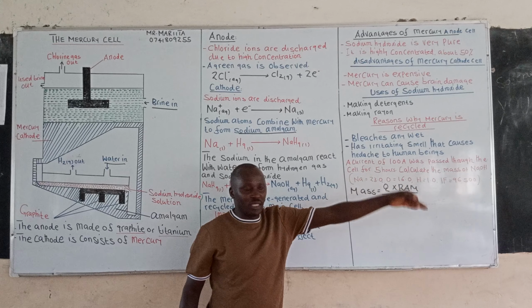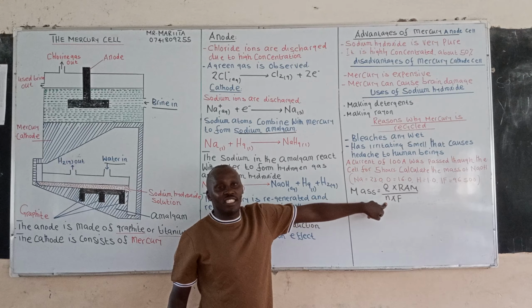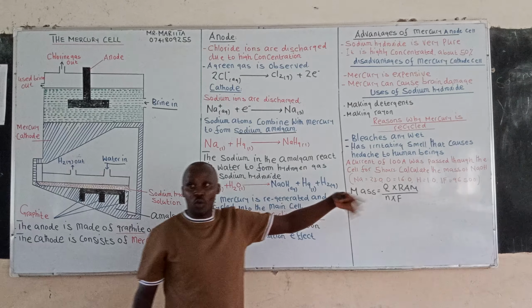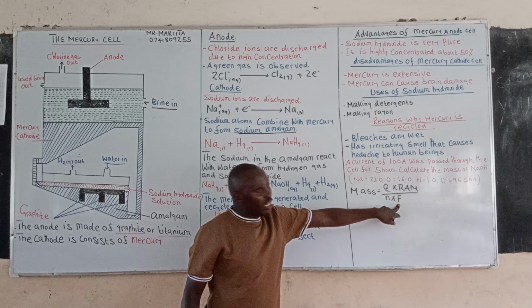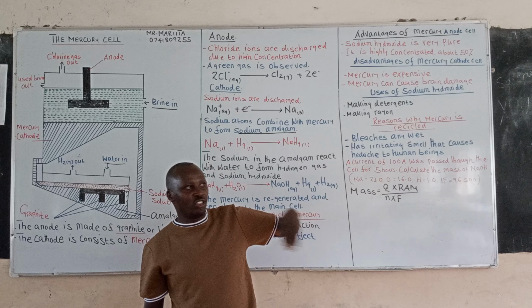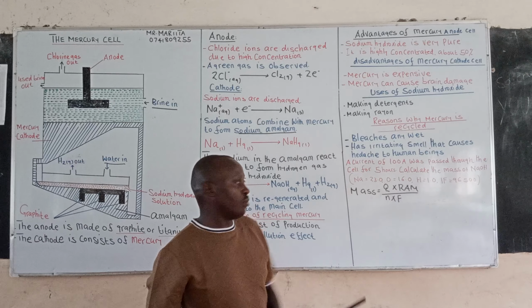This is the relative atomic mass of sodium hydroxide, of course. And then we have n, the number of electrons required. In Faraday's law, we are talking about the Faraday constant, and we know that 1 Faraday is equivalent to 96,500 coulombs.